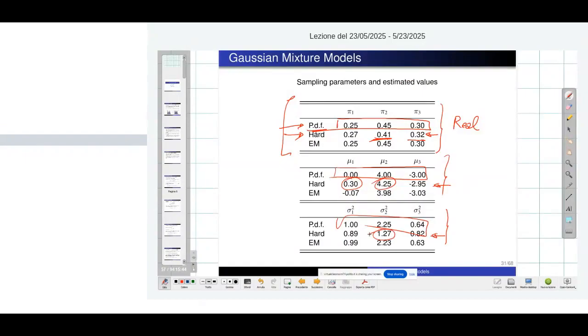The variance of the red component is significantly smaller than what it should be. On the other hand, if we look at the EM solution, I call it EM because I'm anticipating what we will see later. This algorithm that we saw is called expectation maximization. I didn't say it yet, but we will see why later or probably next time. We can see that it's doing a much better job.